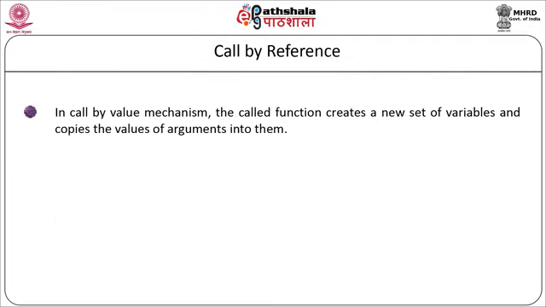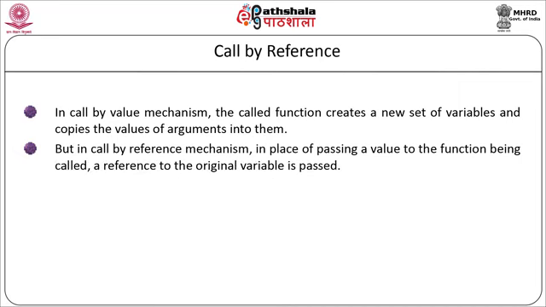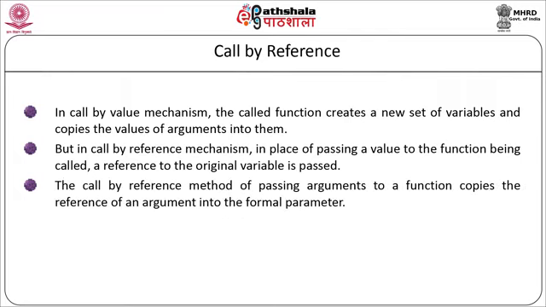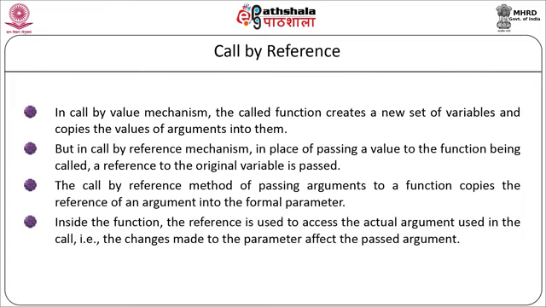Call by reference. In call by value mechanism, the called function creates a new set of variables and copies the value of arguments into them. But in call by reference mechanism, in place of passing a value to the function being called, a reference to the original variable is passed. A call by reference method of passing arguments to a function copies the reference of an argument into the formal parameter. Inside the function, the reference is used to access the actual argument used in the call.